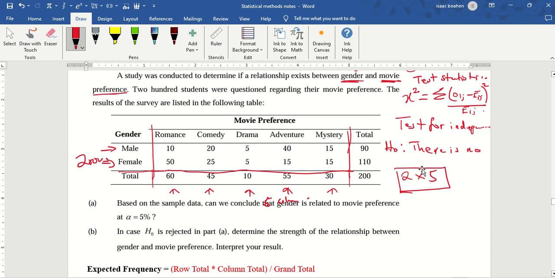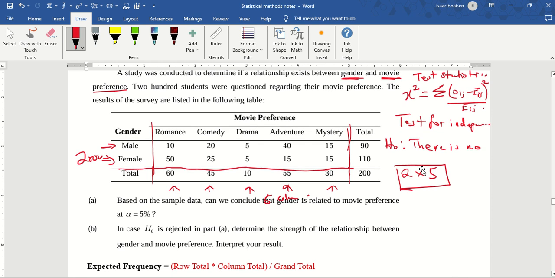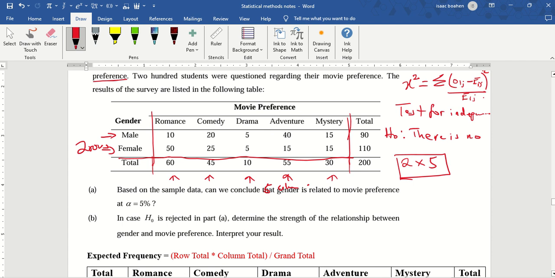So let us start. Since we know our test statistic to be the chi-square given by this formula, we need to look for the observed frequencies. The observed frequencies are what we have in this data. That's in the question. These are all observed frequencies.